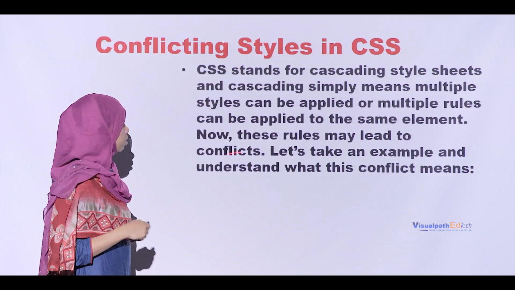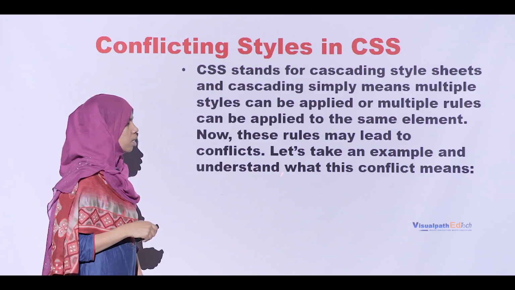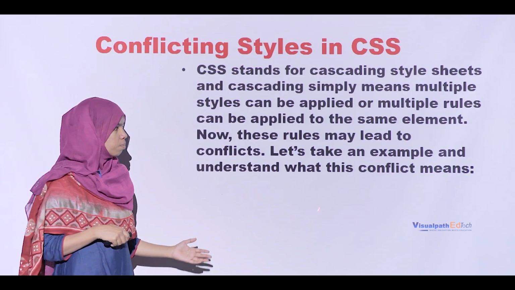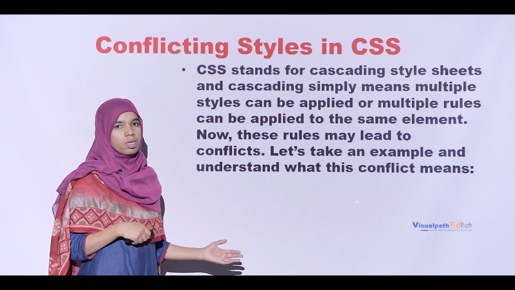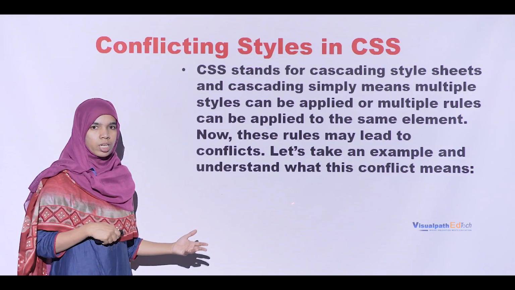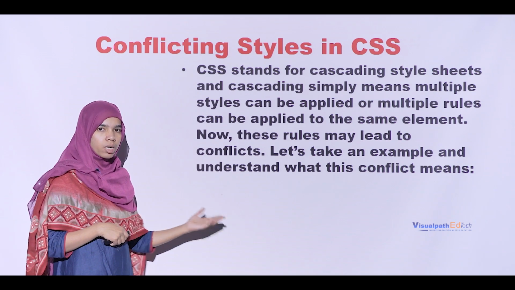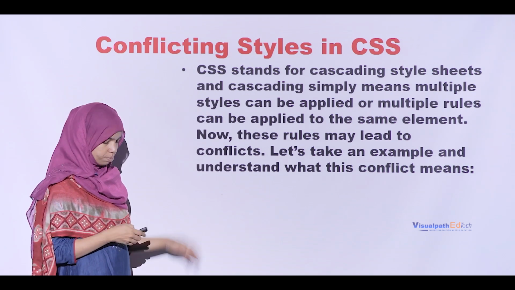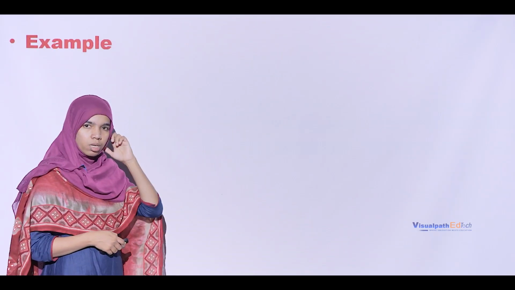Now these rules may lead to conflicts. You will see an example here of how conflicts can be raised while selecting the paragraph for blue and red content and so on. So the example comes here, and you can see the execution of it.